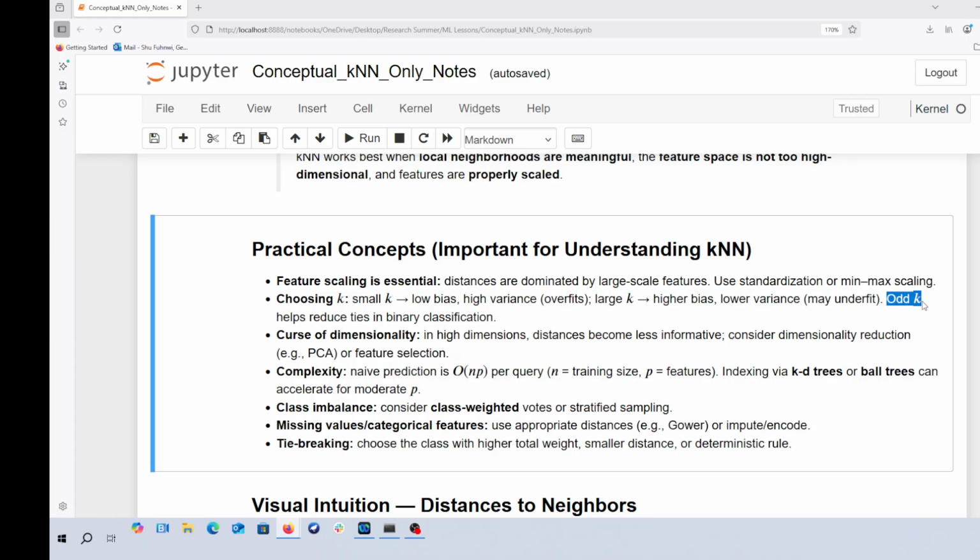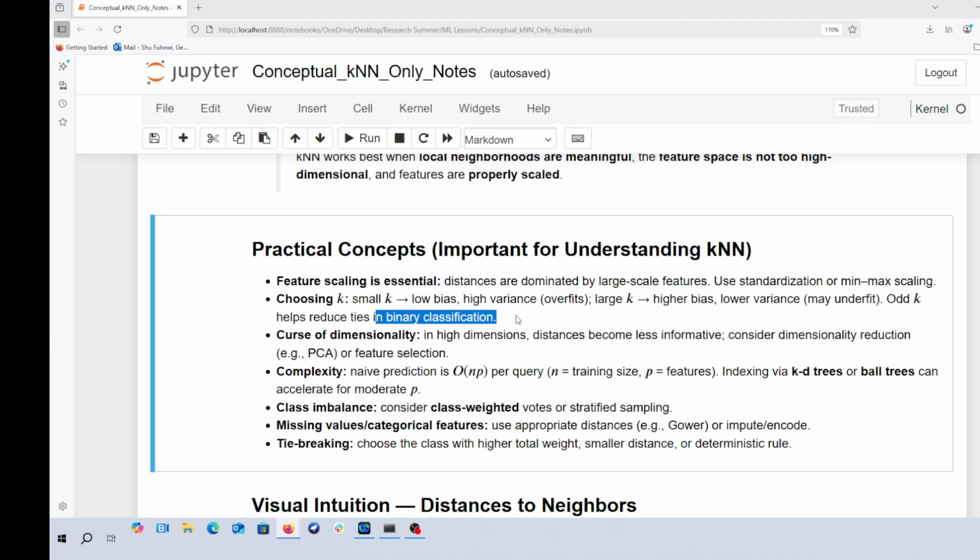So most of the time, as I mentioned, we choose values of k to be odd, which helps reduce ties in binary classification problems, where we just have two classes. So to reduce overfitting and underfitting, it's always good to choose odd values for k.